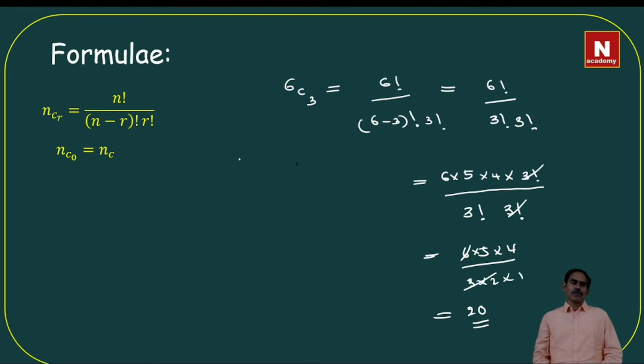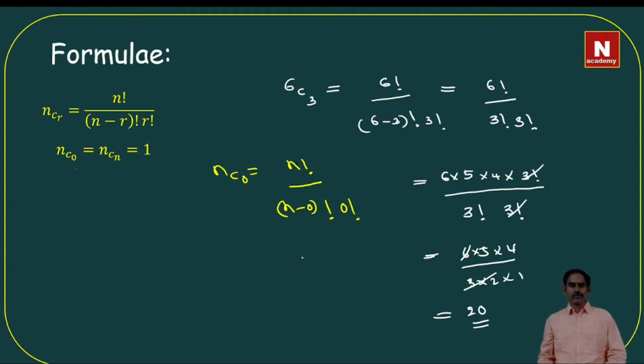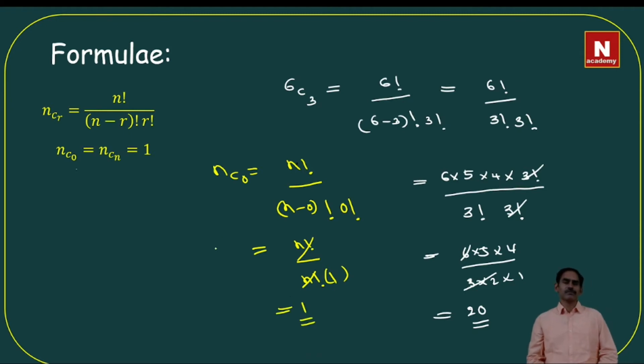Next, we have to discuss nC0 equals nCn equals 1. Substitute both values in the previous formula. First we are finding nC0. nC0 equals n factorial by n minus 0 factorial into 0 factorial. Now that equals n factorial by n factorial into 0 factorial, which is 1. Now n factorial gets cancelled. The answer is 1.